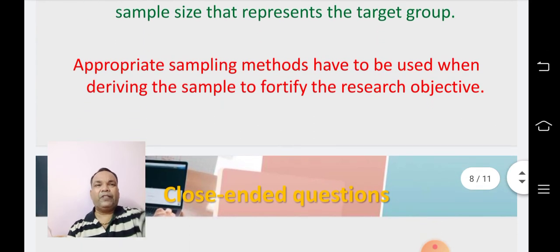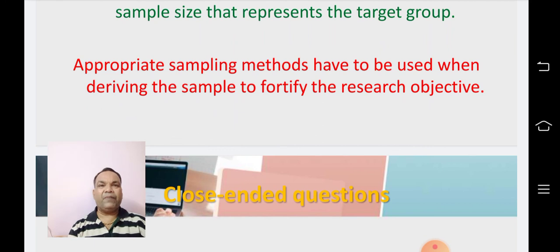Appropriate sampling methods have to be used when deriving the sample to fortify the research objective. So it is expected of researchers that if they are going for sampling for the purpose of the study, they should select appropriate sampling methods.